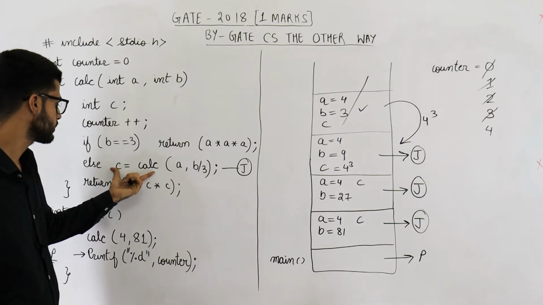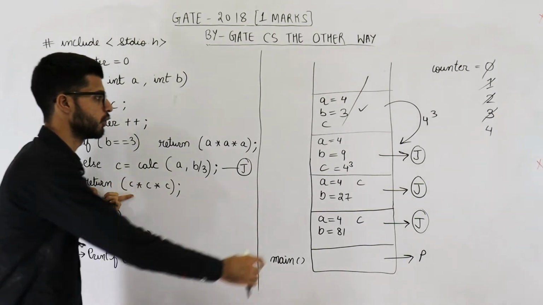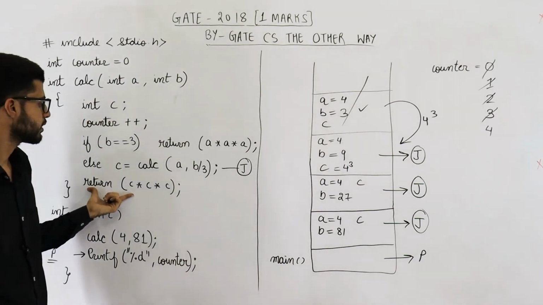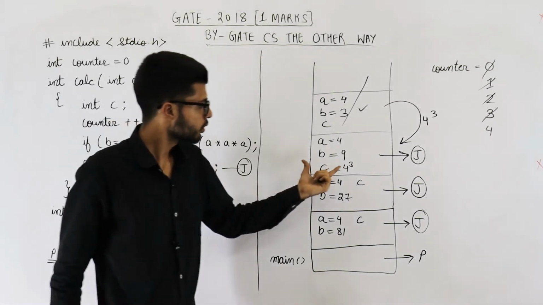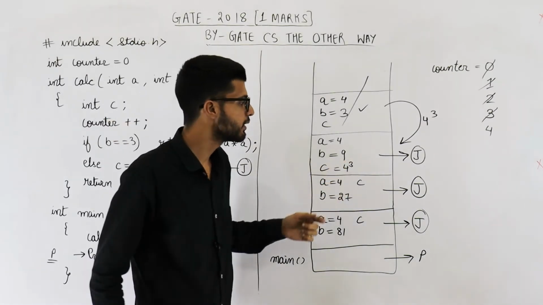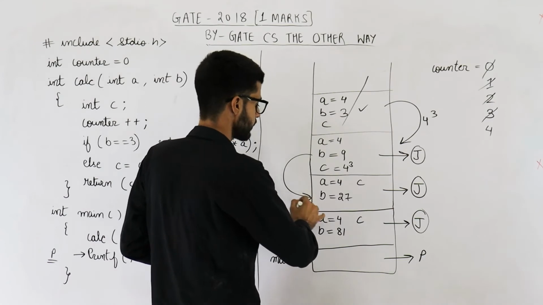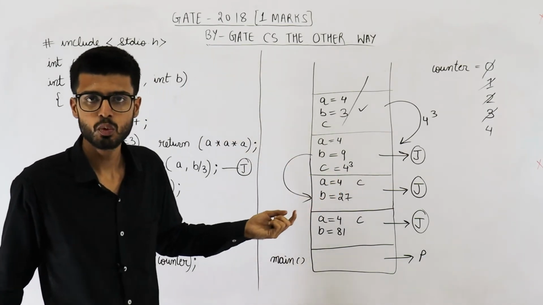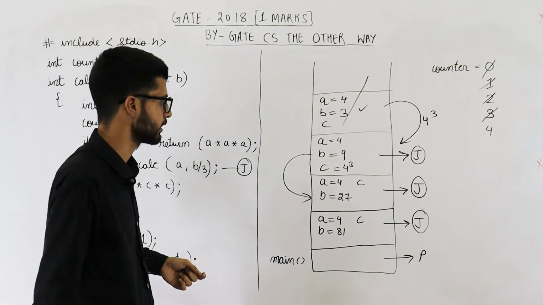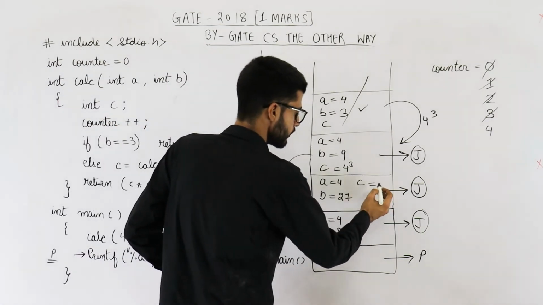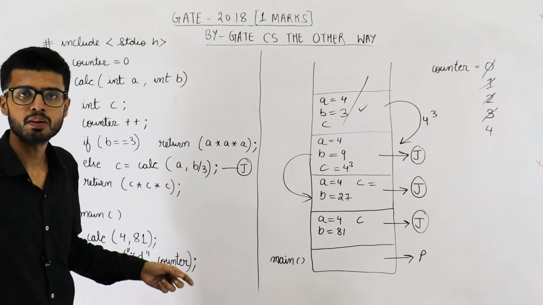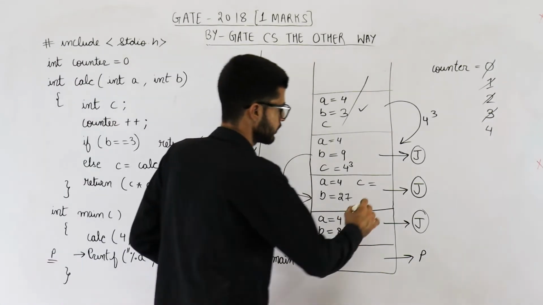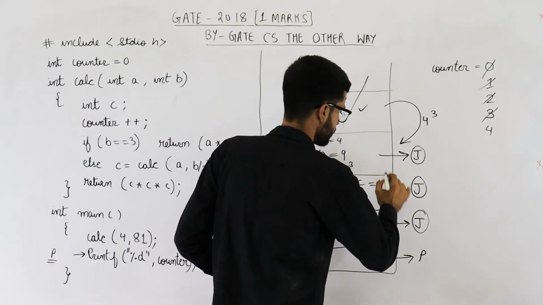See, we have executed this. After this, the next line for this function is return C cube. So this variable's cube will be returned here. So it is 4 cube, that will be 4 raised to the power 9. So variable C in the previous function will get a value 4 raised to the power 9.